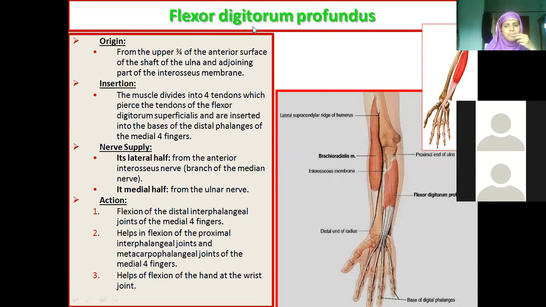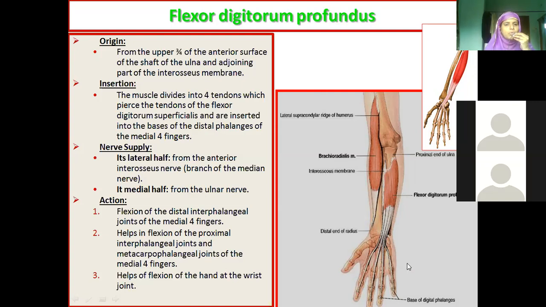What is the meaning of digitorum? Fingers. Digitorum means digits. 4 digits, 4 fingers, right? Now let us see the origin. Upper three-fourths of the anterior surface of the shaft of the ulna, and the adjoining part of the interosseous membrane.